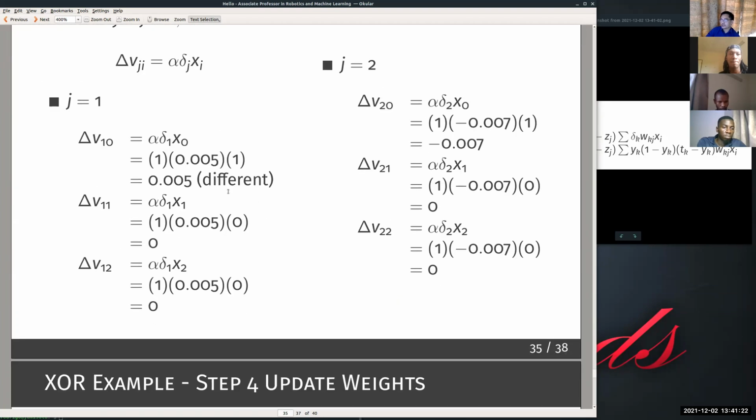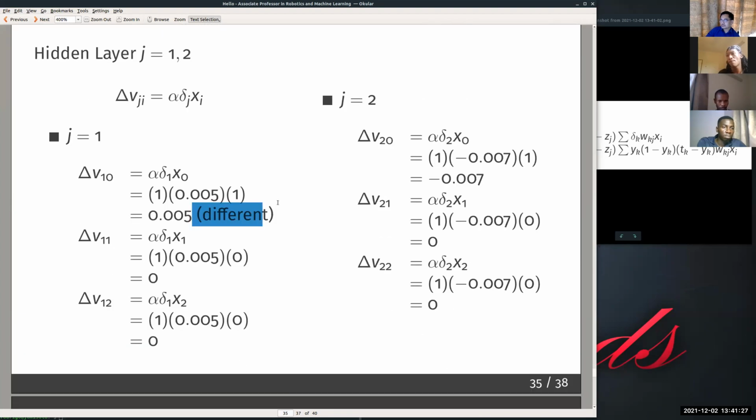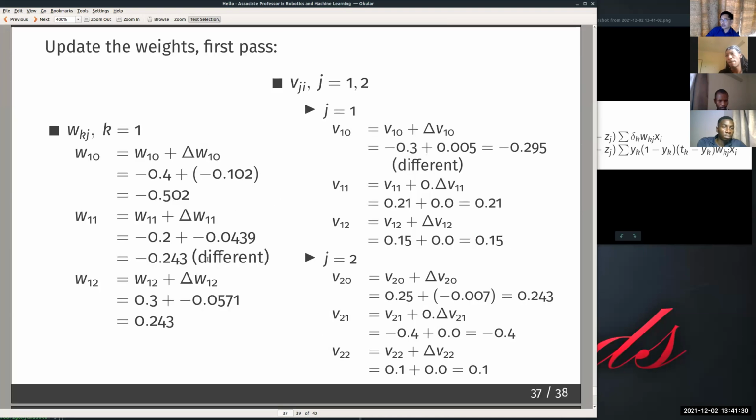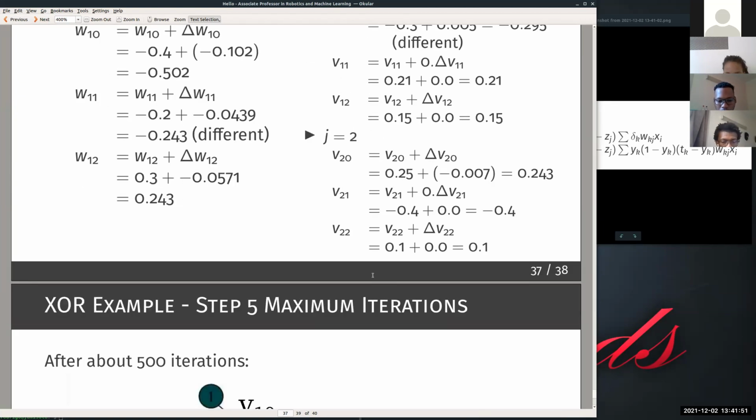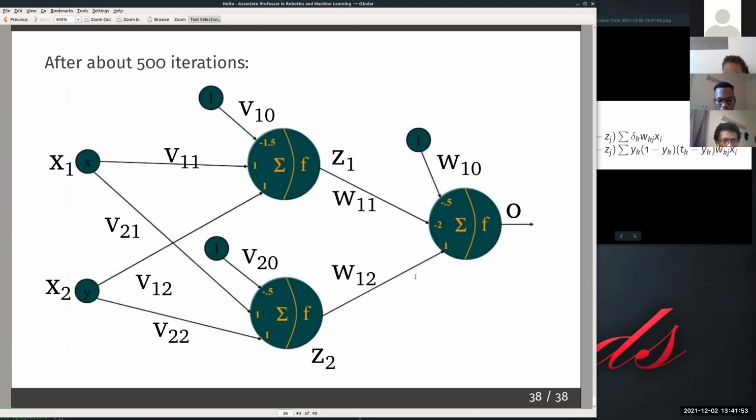This is the update of W11. Let us go to the final answers on the graph.